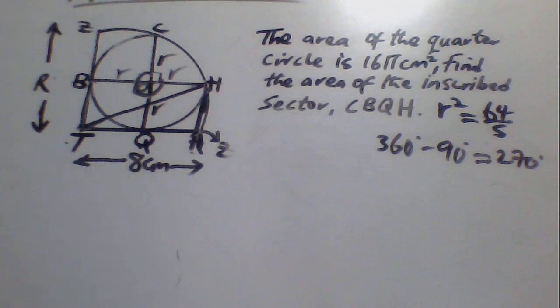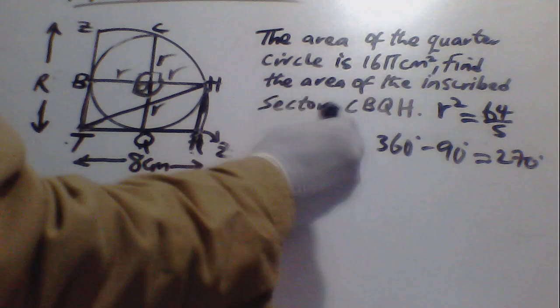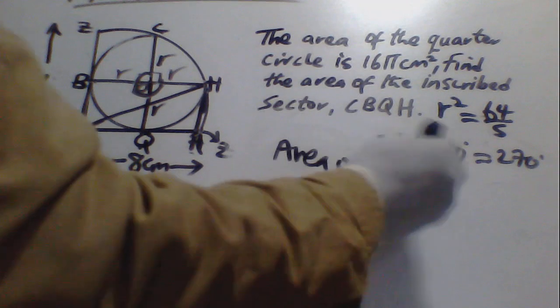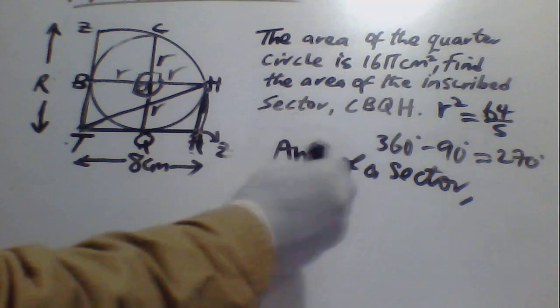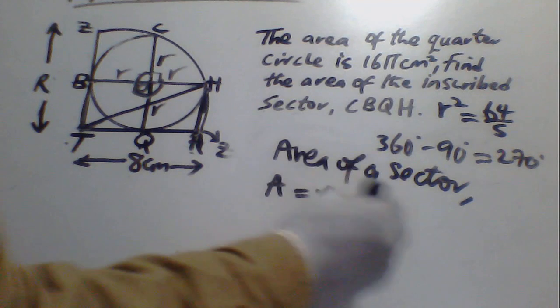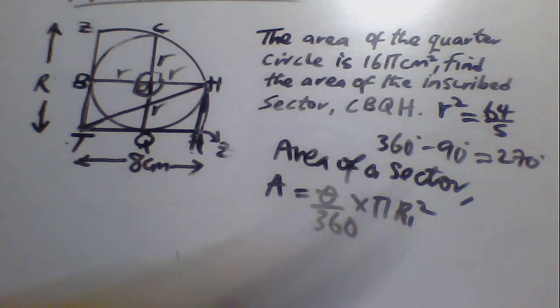So from that we can now use the area of a sector. Area of a given sector, if we call it A, is equal to theta over 360 times pi r squared. I use r1 to differentiate from this.